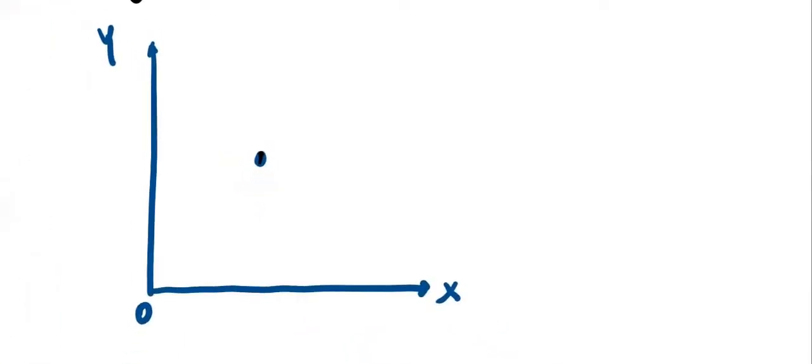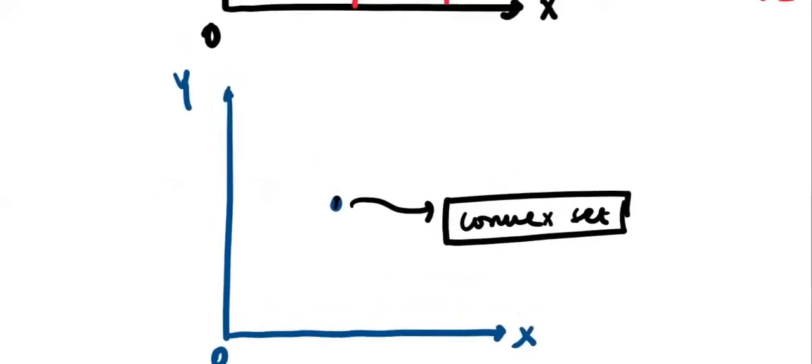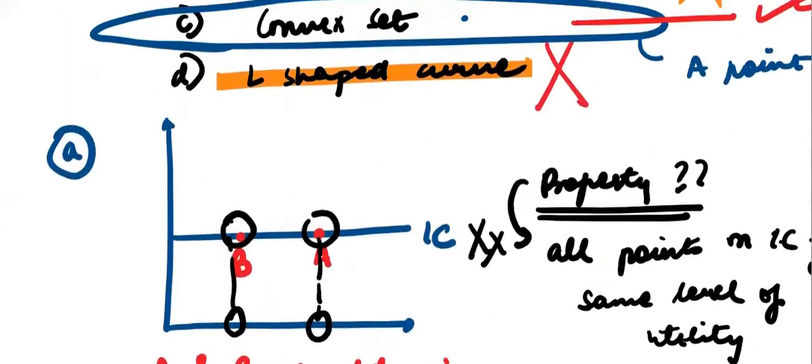Within any point also, I can take any 2 small points, join them with a line, and that line will lie within that point. So because that is true, this point is automatically a convex set. Any point is a convex set. So the answer is convex set.